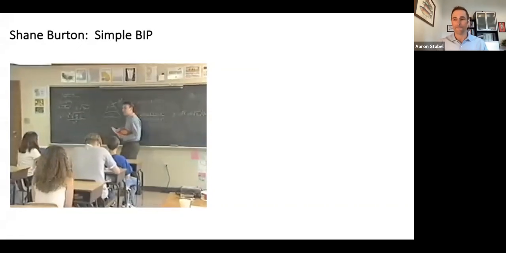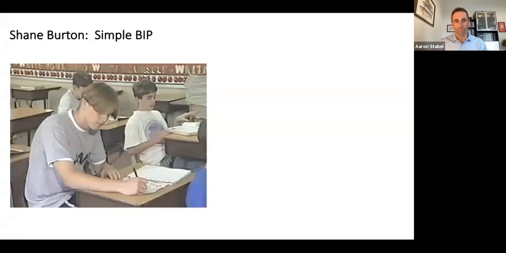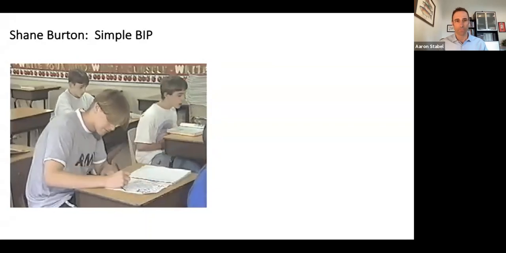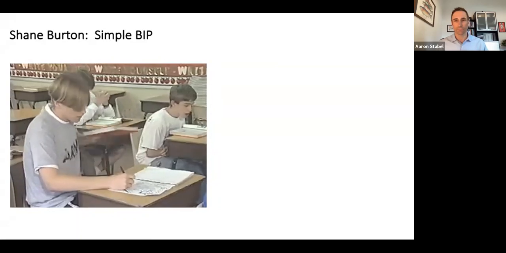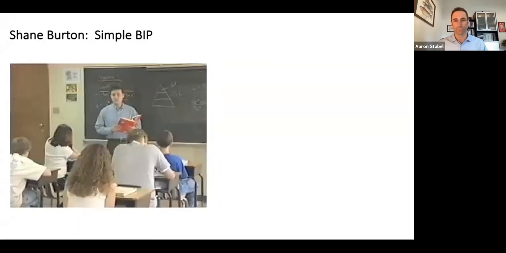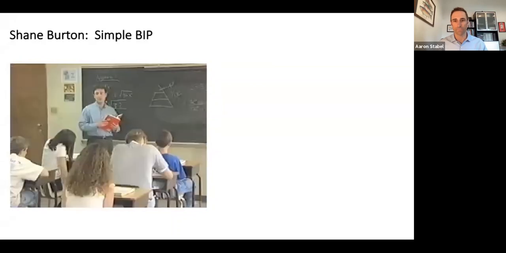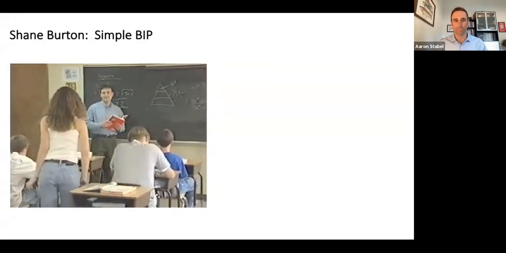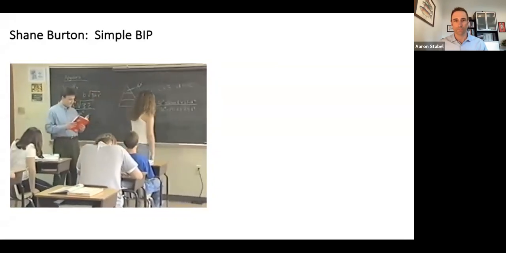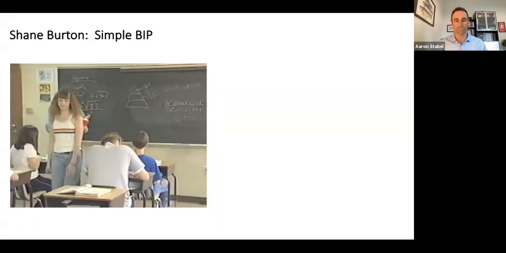Okay, take out your math books, turn to page 47, please. Look at problem number 1. Shane, would you take out your math book, turn to page 47? Shane, would you work that problem for me? Who'd like to work it? Okay. Okay, nice work.